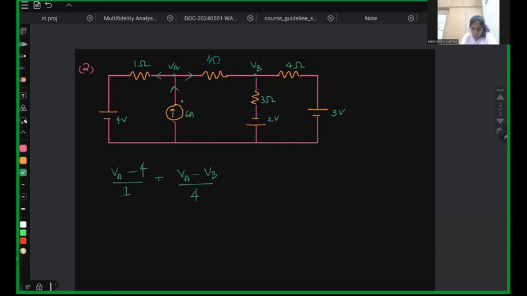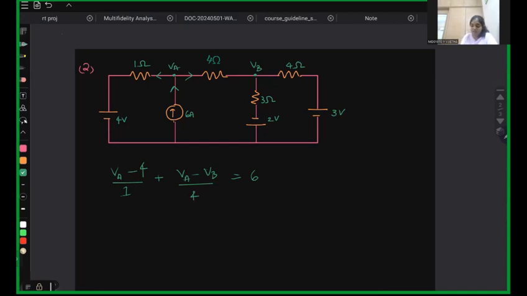As the current source is coming towards the junction, we'll write it on the other side of the equation: 6 amperes. We don't have any voltage sources in that branch, so we'll just write 6 amperes. This is one equation which we have got.